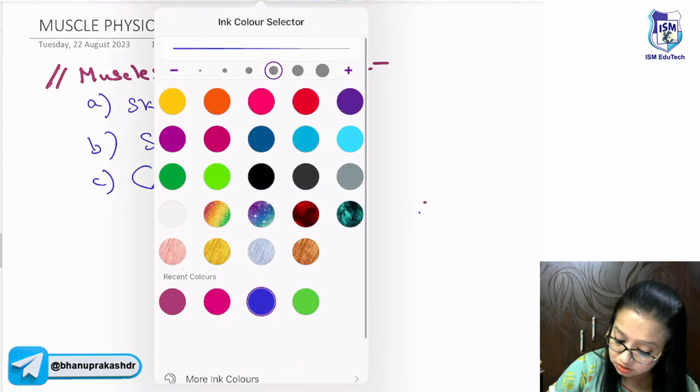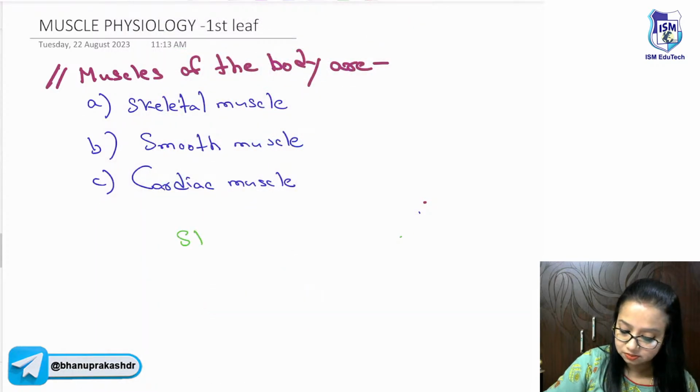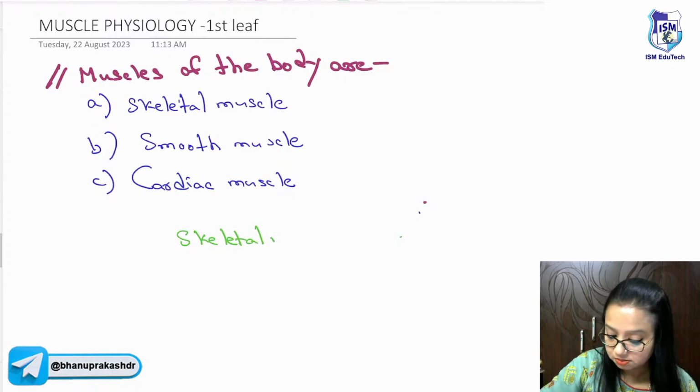Today we are going to discuss the skeletal muscle.